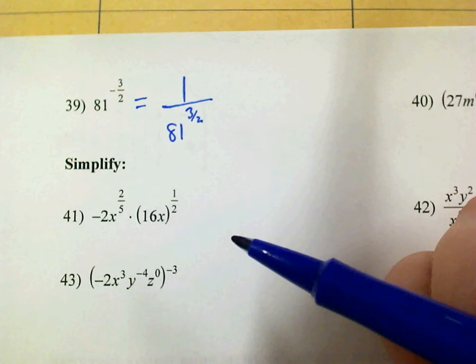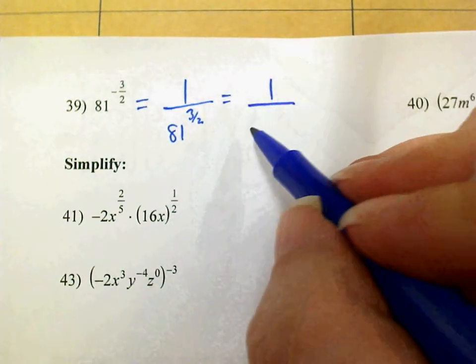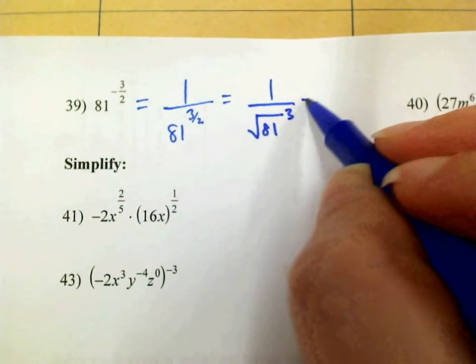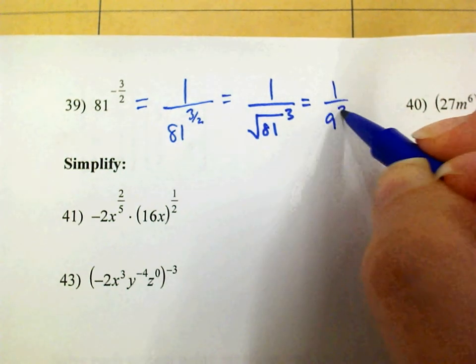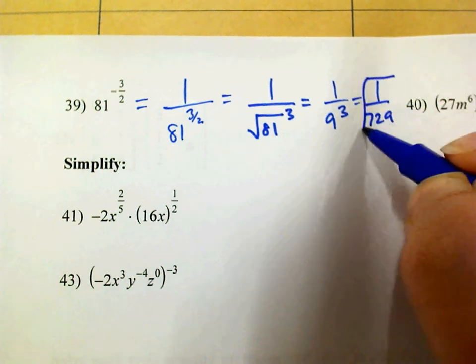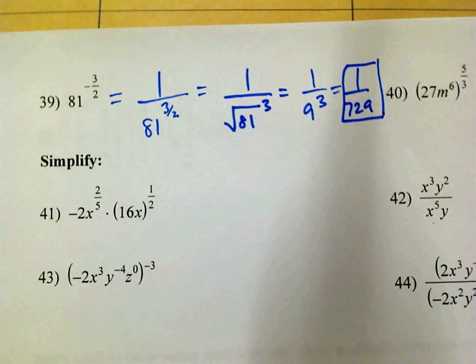It just changes location. So I'm asking you to find the what root? The square root of 81 to the 3rd power. What's the square root of 81? 9, and what's 9 cubed? And there's your answer. 1 over 729. Okay?